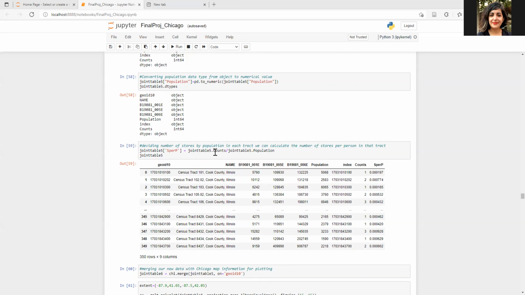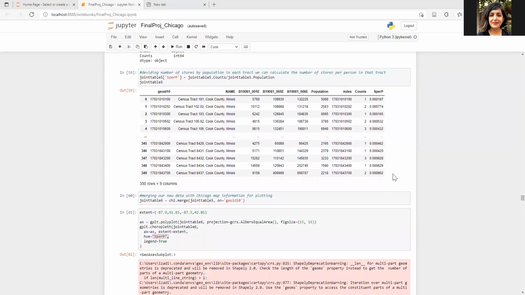Now I had my counts of grocery stores and also I had my population. So I created a new column in my joint table 5 called stores per population to normalize the number of stores by the population of each census tract.